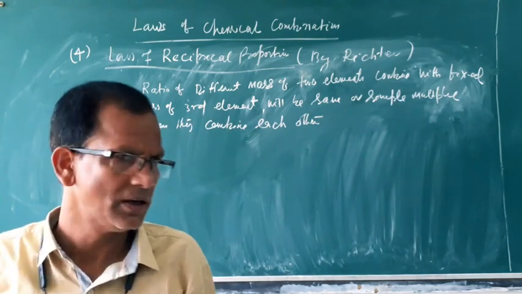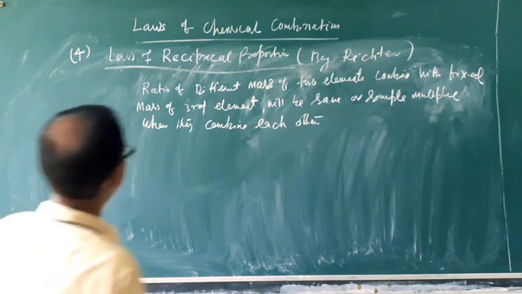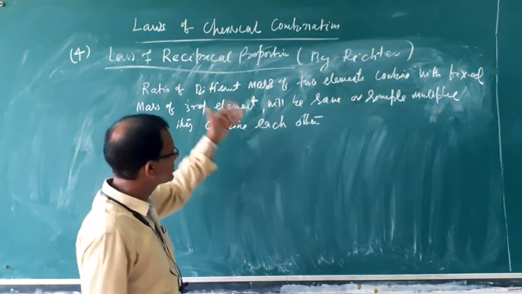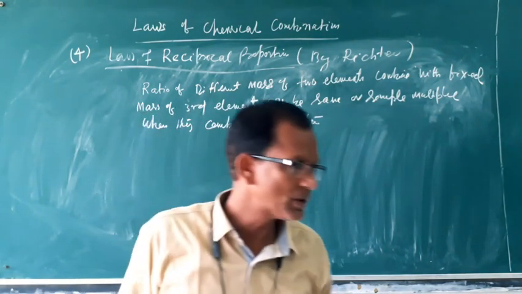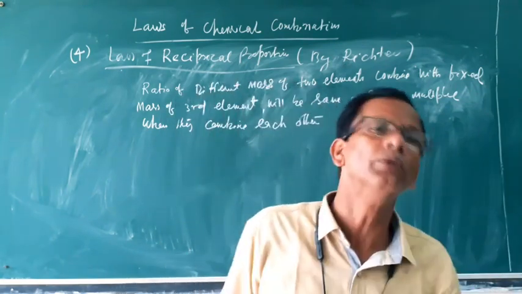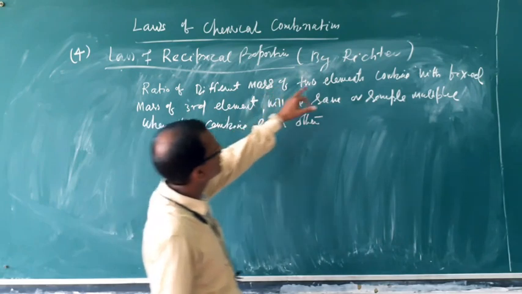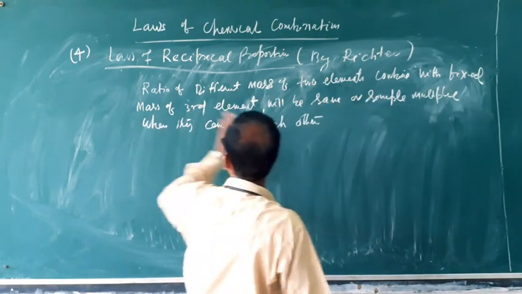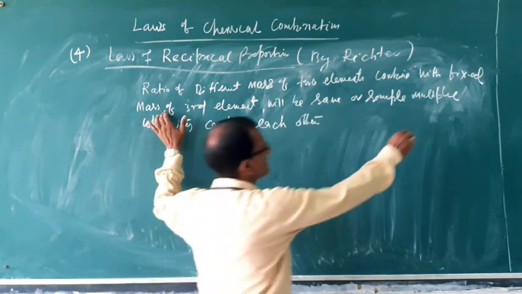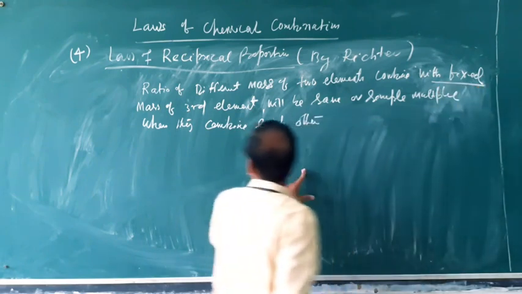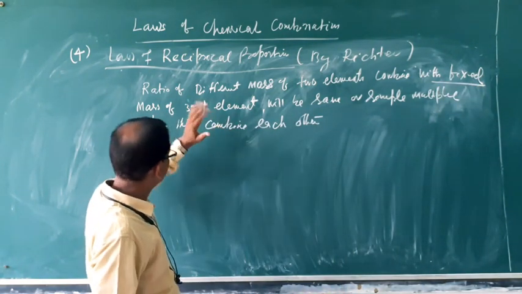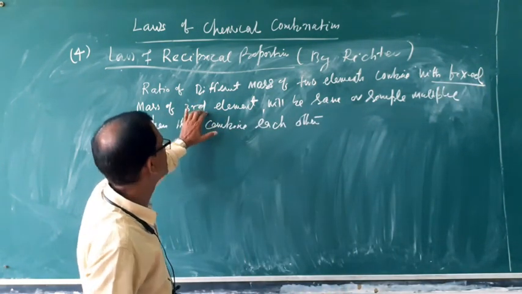The statement, when you read it, will just be confusing, but when you take examples it will be very easy. The ratio of different masses of two elements combined with a fixed mass. That means the law is stating that one mass should be fixed, the third element's mass.